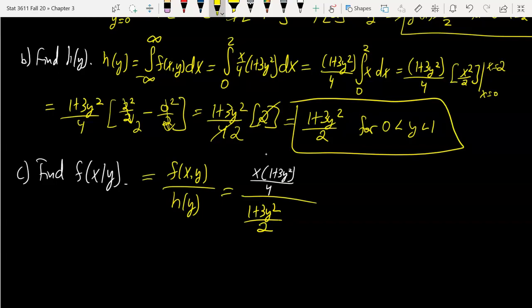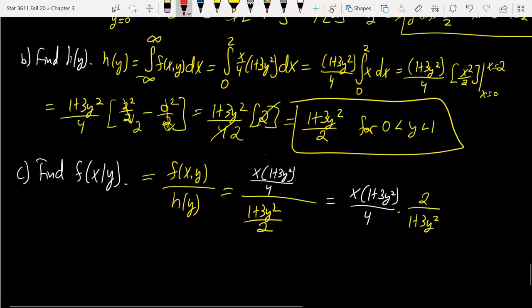And now we just need to clean this up a little bit. This multi-story fraction here, dividing by that fraction is the same thing as multiplying by the reciprocal. So instead of dividing by 1 plus 3y squared over 2, I'll multiply by the reciprocal, 2 over 1 plus 3y squared. That's going to cancel there and leave me with a 2. 1 plus 3y squareds cancel. And what do we have left then?